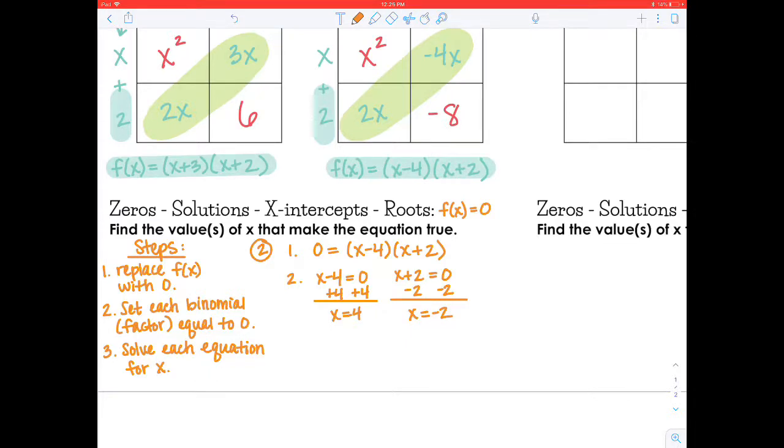So our zeros are (4, 0), written as a coordinate, and (-2, 0). Okay, that's where this function crosses the x-axis.